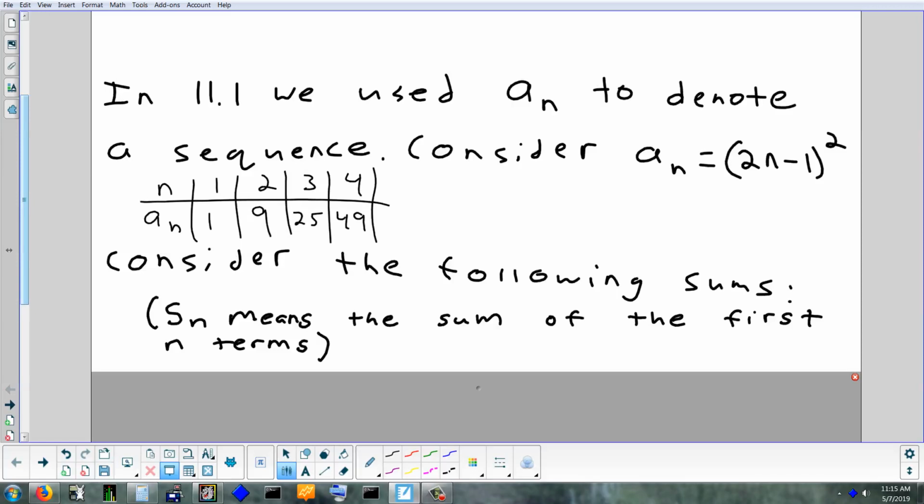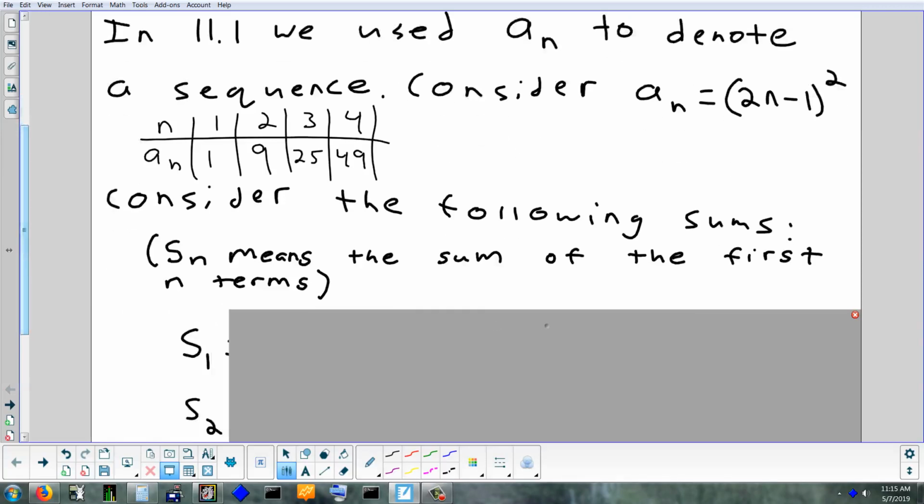Okay. So now let's find the sums. What would you get if you add up the first one term in those numbers? Just add up the first one term. If you want, you might see the pattern if I actually wrote it like this.